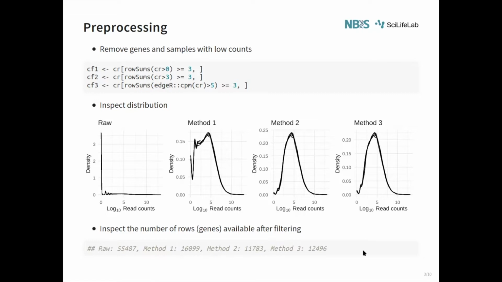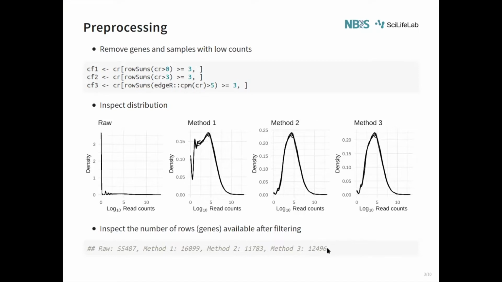And as you do this, you want to keep an eye on the total number of genes that are remaining in your data set after filtering. It's a balance between getting rid of poor quality genes and, at the same time, not getting rid of too many of them. Because if you set up a filter where you remove, I don't know, 90% of the genes, then you're losing a lot of information.